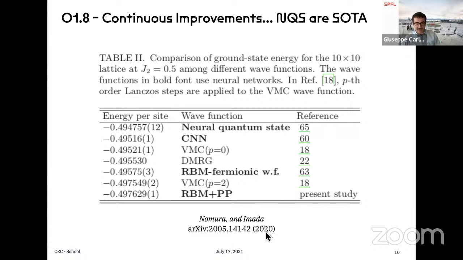So as of 2021, neural network quantum states are the most accurate wave functions on this J1, J2 model in 2 dimensions on this 10 by 10 lattice. These are results from Nomura and Imada; this is just the arXiv version.